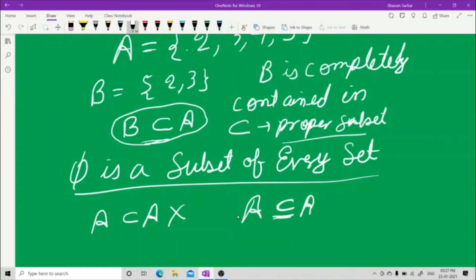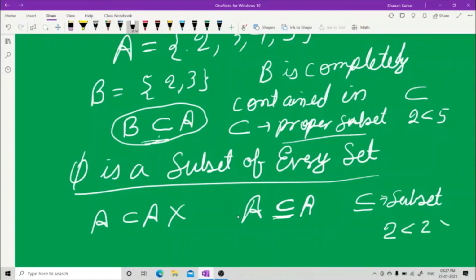Let me make you understand one thing very clearly from your smaller classes. This one behaves like 2 is less than 5, right? But here you cannot write 2 is less than 2. You can write 2 is less than or equal to 2.